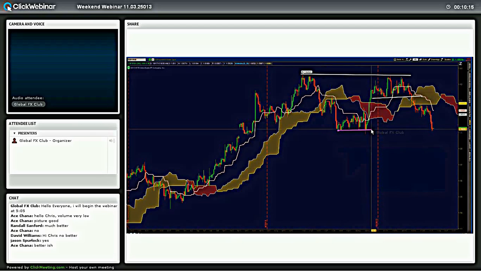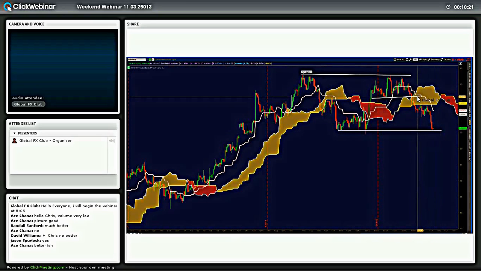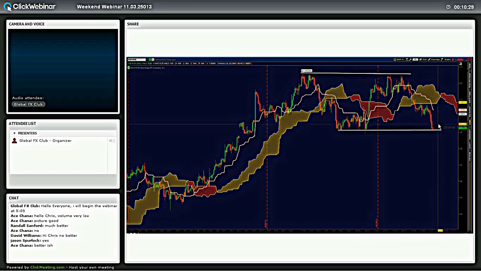Another reason why I am kind of skeptical on euro shorts is pretty much because price has been finding a support level, a horizontal support level. All right, and this is when we start using correlation when trading. We have euro dollar trading below its descending trend line.